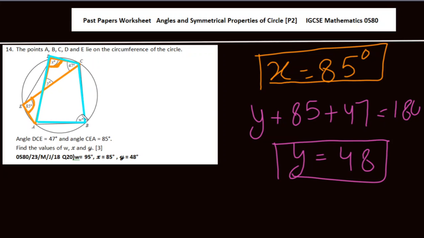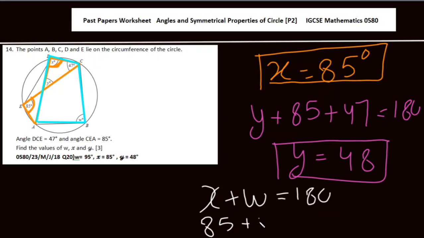The property is that the opposite angles in a cyclic quadrilateral sum up to 180 degrees, and this property is also known as angles in opposite segments are supplementary. So angle X and angle W sum up to 180. X was 85, 85 plus W equals 180, so we get W equals 95.